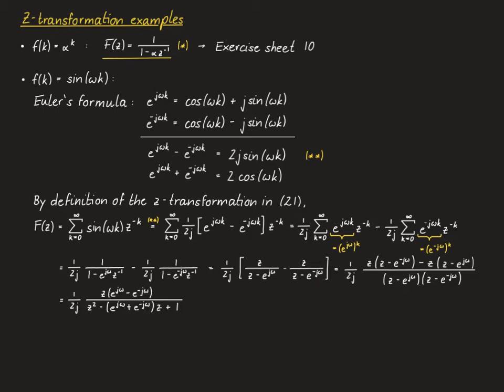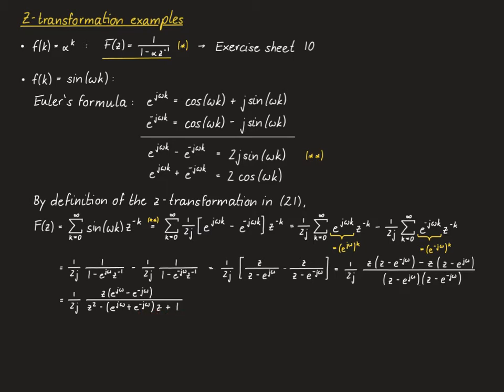This large fraction can be further simplified by multiplying out the corresponding factors in the numerator and denominator, and noting that in the numerator z square cancels with minus z square here, and we're left with z times in brackets e to the j omega minus e to the minus j omega, and in the denominator, if we multiply these two brackets out, we get z square minus in brackets e to the j omega plus e to the minus j omega times z plus 1.